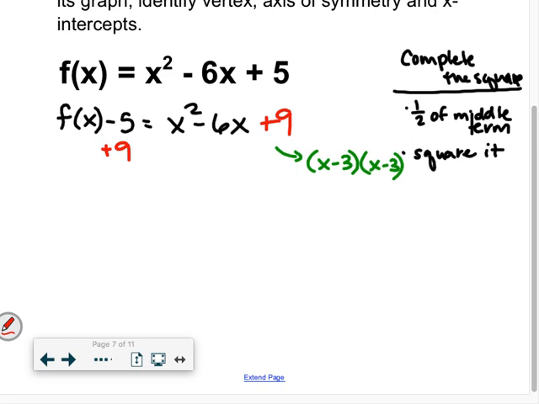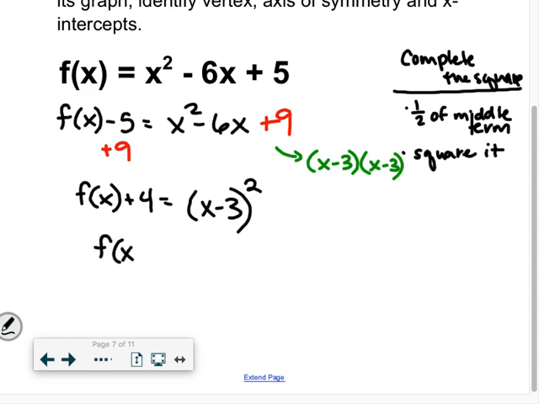You're still balancing things. So this is f of x plus 4 equals, and now I can rewrite this, which would factor as x minus 3 times x minus 3 as x minus 3 quantity squared. And then the last step is subtract that 4, bring that back.